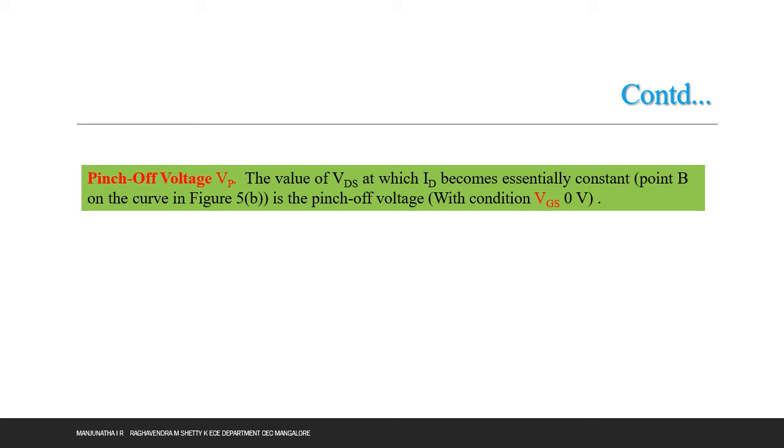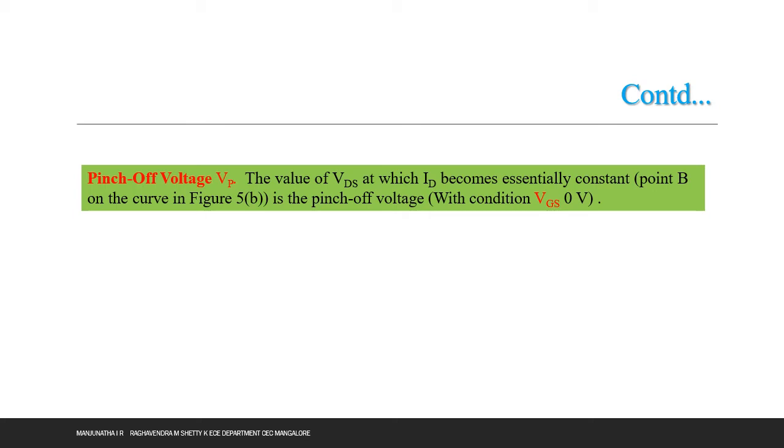From point A to B is the ohmic region, and from point B onwards the current has become saturated. The VDS at which the drain current becomes saturated, that is IDSS, is the pinch off voltage.